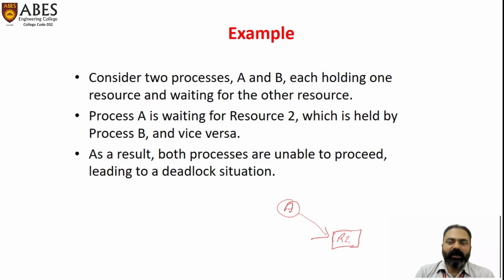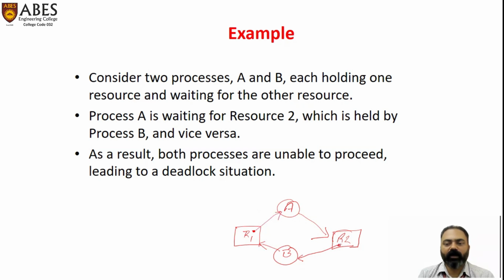So A is waiting for resource R2, which is in possession of process B. This is already allocated to B. And B is requesting for resource R1, which is already in possession of A.